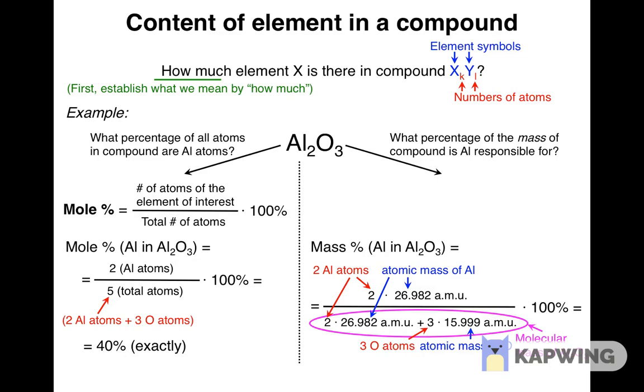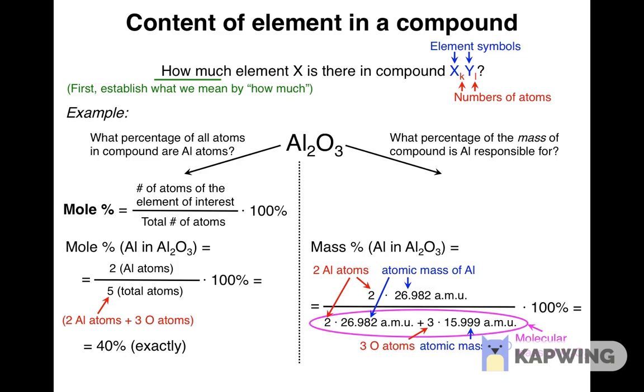What fraction of the simplest unit of aluminum oxide is the mass of aluminum responsible for? We can determine that by dividing the total mass of aluminum atoms by the total mass of all atoms in the simplest unit and multiplying by 100%.